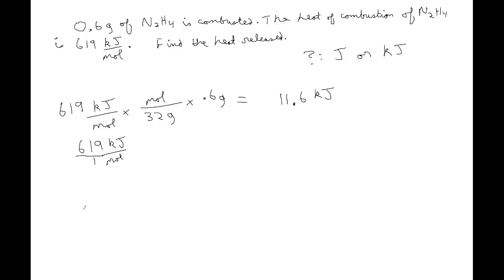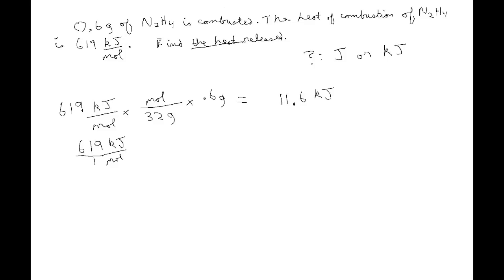Could you say that again? How would you figure out how much energy would be released if you combusted 2 moles? Just take 619 and multiply it by 2 moles. Yeah, or how would you figure out how much energy would be released if you combusted 3 moles? Take 619 and multiply it by 3 moles. Okay, good. So notice that's why there's a difference between the actual heat released and the heat of combustion.